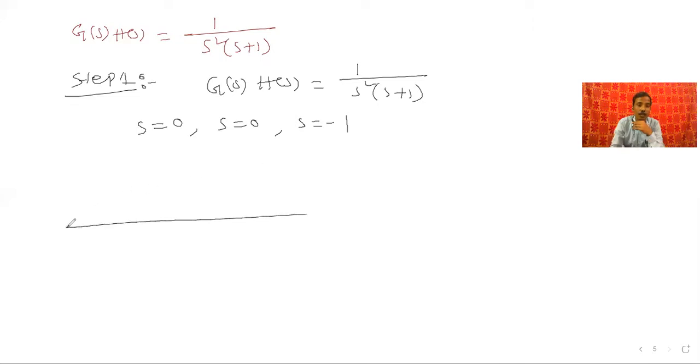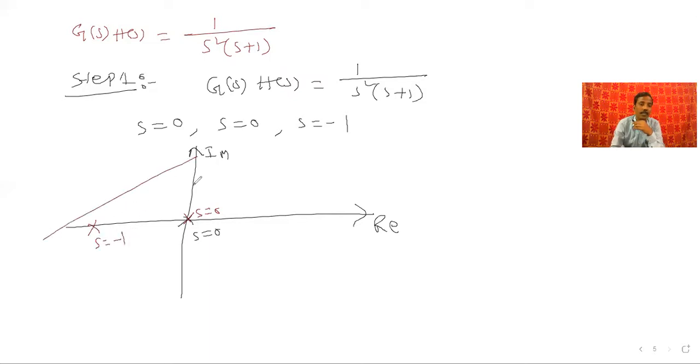And what is the pole zero plot? This is the pole zero plot, real axis, and this is the imaginary axis. At that point s equals 0, multiple poles. Another pole is also at s equals 0, and s equals minus 1.